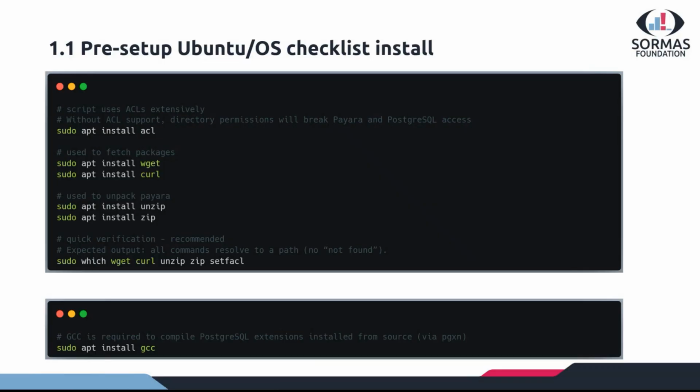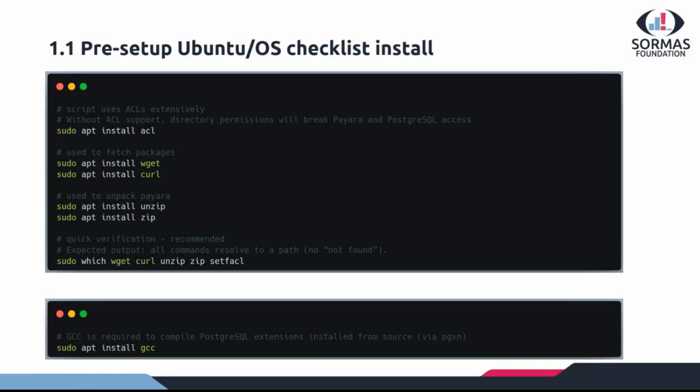Then the script also downloads the Payara zip file from the internet, extracts it, and does some configurations. So it calls the command wget. It uses curl. It unzips it using the unzip command.